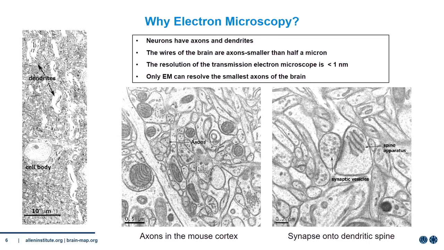If you zoom in at much higher magnifications, you begin to see the exquisite detail of the brain, including the very tiny axons that are smaller than half a micron, on the order of nanometers, and the beautiful synapses that are equally tiny. Because these represent the wires of the brain, only the electron microscope can give us the resolution we need to be able to see them and follow them through serial sections.